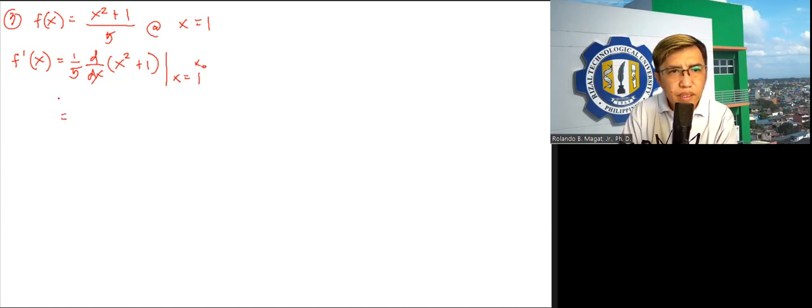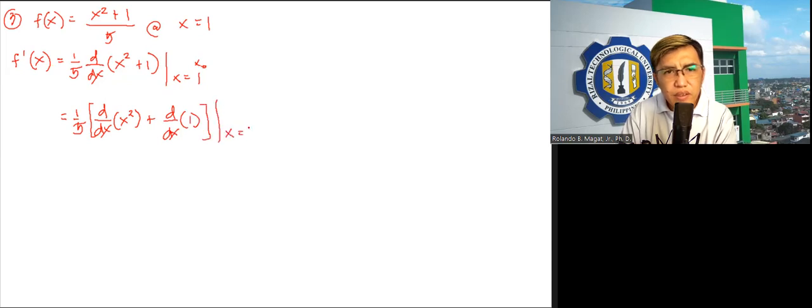So I have 1/5 of d over dx of x squared plus d over dx of 1, at x equal to 1. Then we have 1/5 of 2x raised to 2 minus 1 plus 0, at x equal to 1.